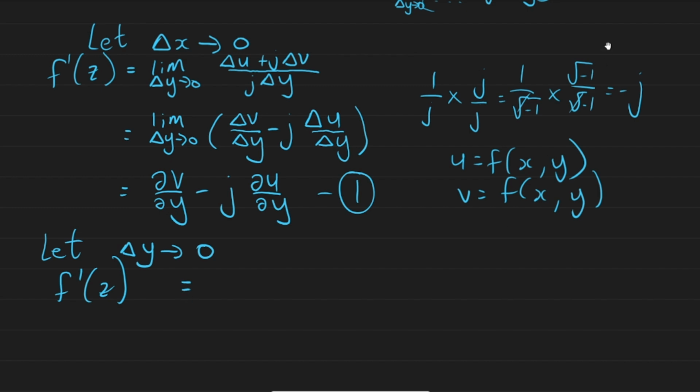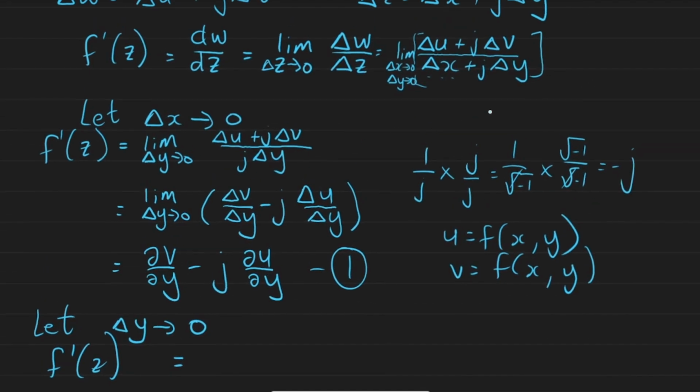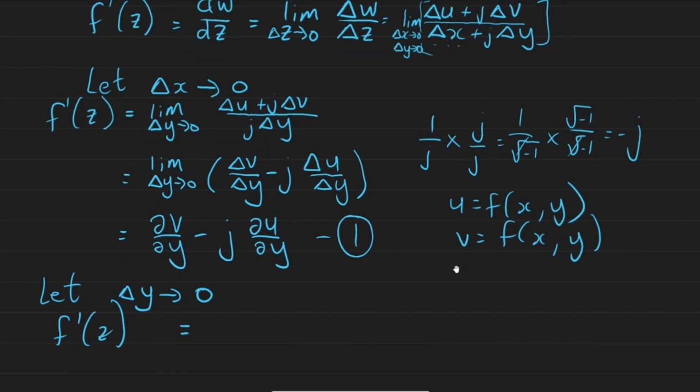So if we do that, there's our original equation. If this approaches 0, what we're left with is just delta x in the denominator. We can write that out. So we have the limit as delta x approaches 0, because we have taken delta y, of delta u plus j delta v divided by delta x.